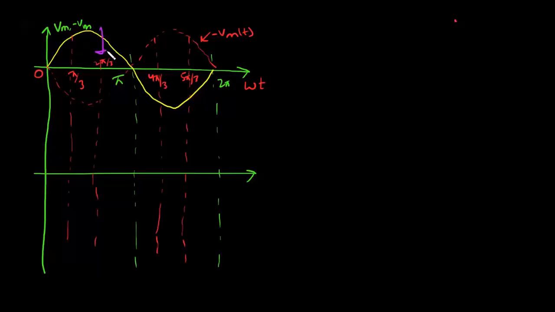So at omega t equal to 2π/3, which is the firing angle, here I am giving gate signal to T1 and T4, and at omega t equal to 5π/3, we are giving gate signal to T3 and T2. So from omega t equal to 2π/3 to 5π/3, T1 and T4 are on.